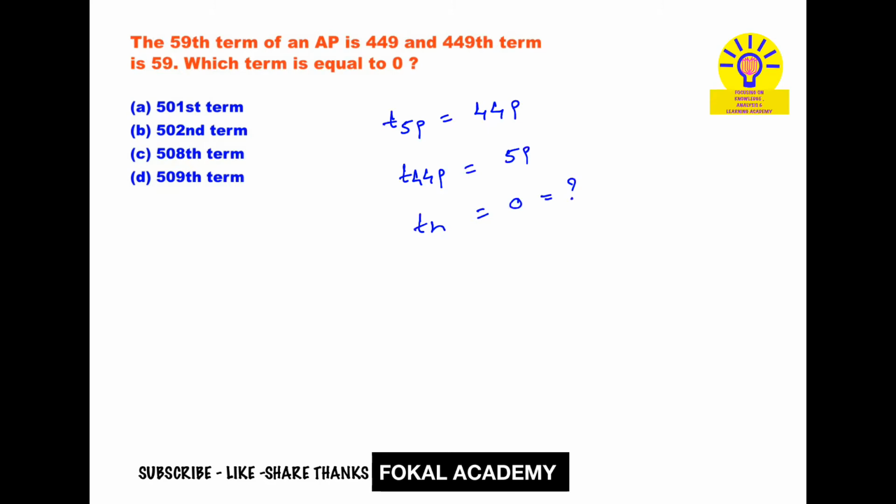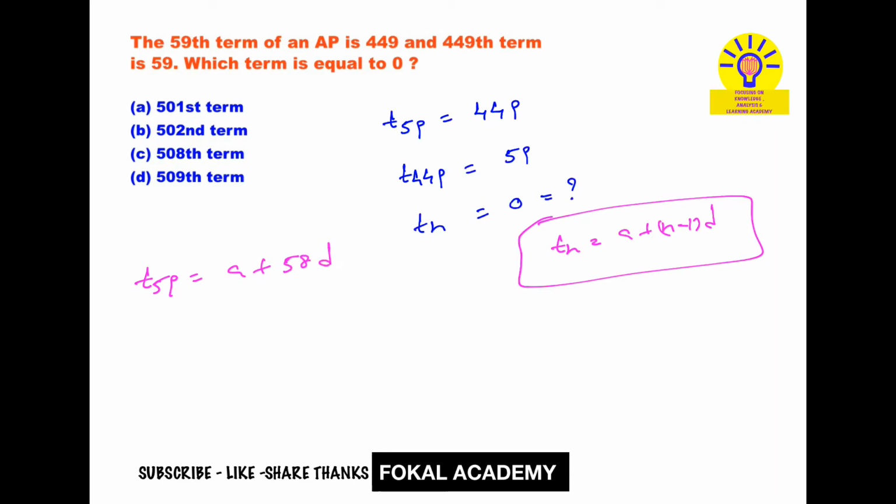So from the standard formula, Tn is equal to A plus n minus 1 into D. So this is the nth term standard formula for the AP series. So for this T59 we get A plus 58 D, and T449 is equal to A plus 448 D. So this is equal to 449 and this is equal to 59.